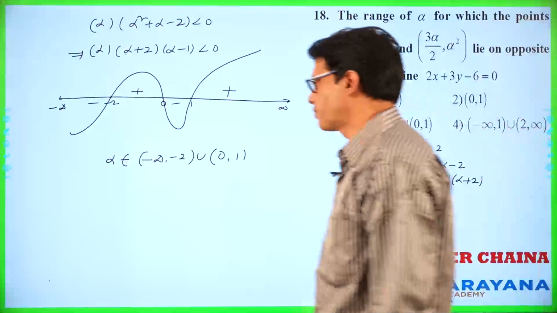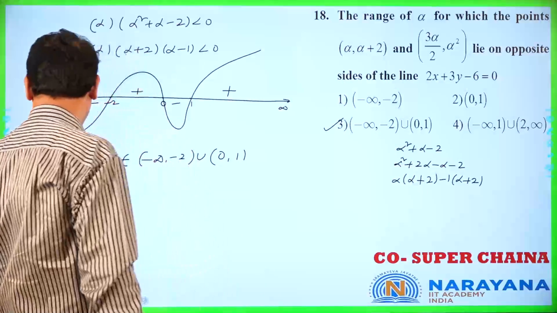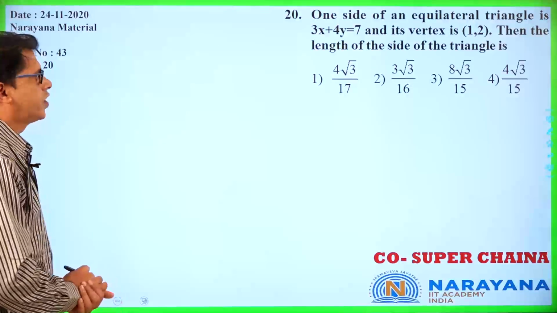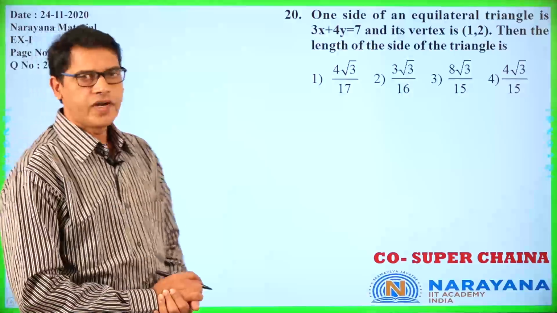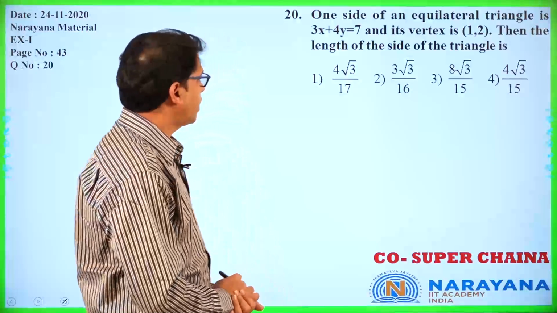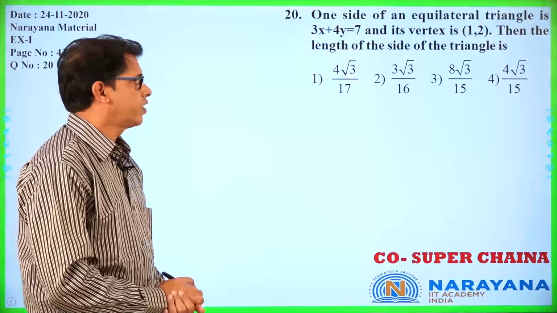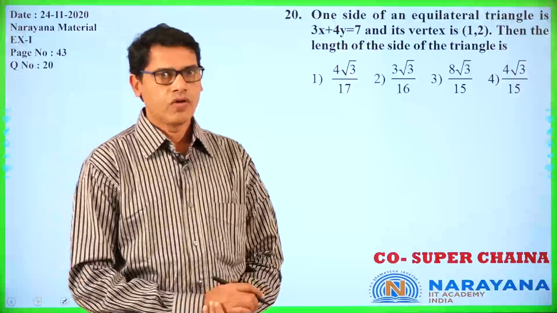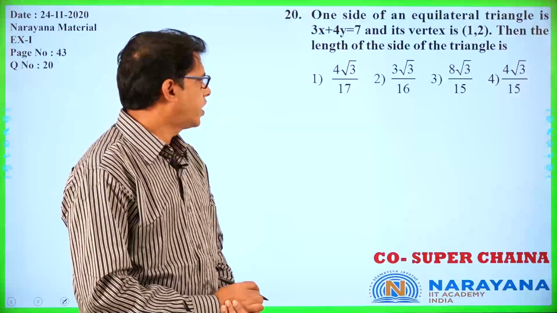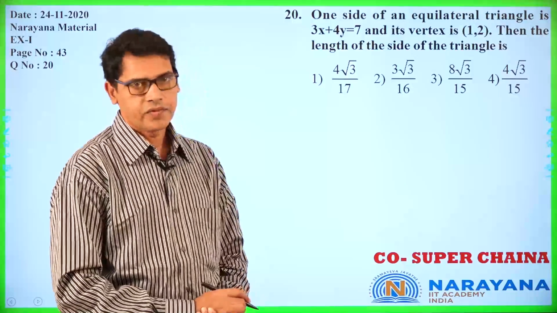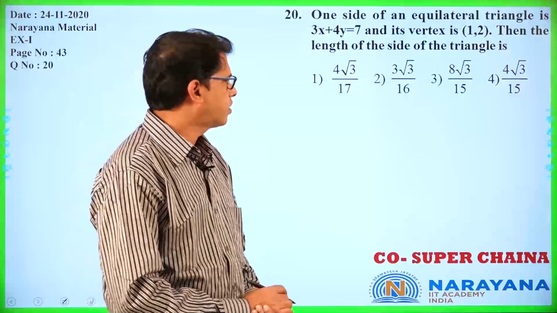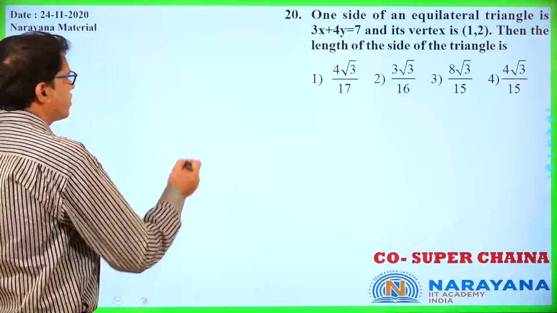Next one. Here one side of an equilateral triangle is 3x plus 4y equals 7 and its vertex is 1 comma 2, then find the length of the side of the triangle. See here, consider the triangle.